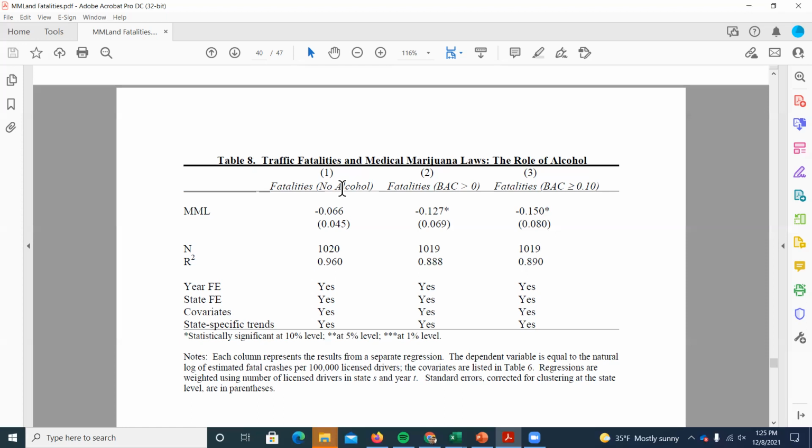Let's think. Do they say here? Regressions are weighted using the license, clustering state. Oh, I'll tell you why. It's not an easy explanation, but when you start to include things like fixed effects, if you don't have any variation, so let's say, I'm guessing this is probably what happened.